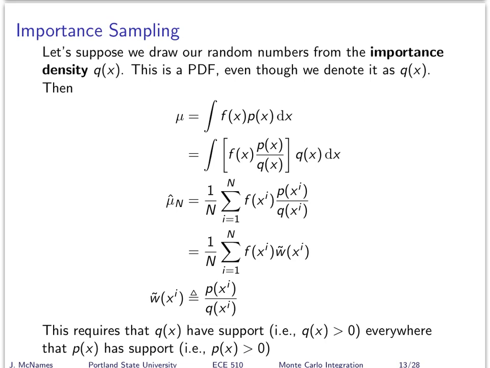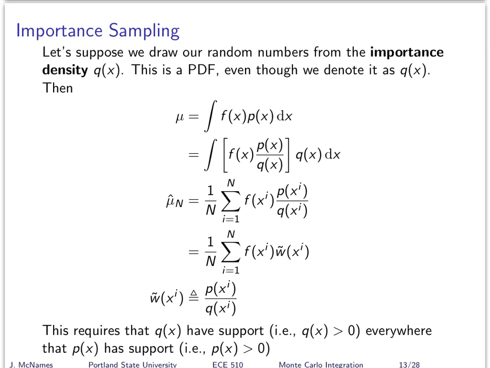And now what we're evaluating the integral of is this thing, but this is something that we can evaluate because we're drawing samples from q of x. And so we can do this approximation. But now when we calculate our sample average, rather than just having f of xi, we've got f of xi times the ratio of p of xi divided by q of xi.